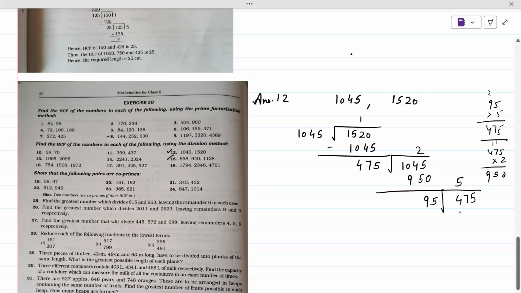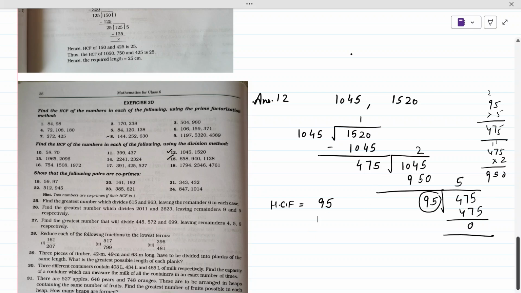So with 5, this is completely divisible. We are getting the remainder 0 here. So that means what is our HCF? Our HCF is the last divisor, which has given us the 0 remainder. So it is 95. Okay, this is done.